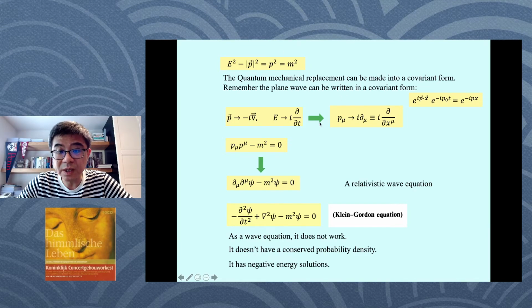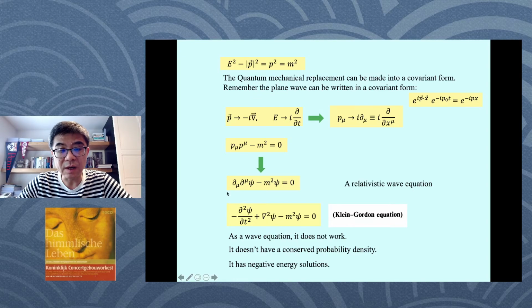With this replacement, the energy momentum relation p squared equal to m squared, remember, p squared is actually p mu p mu, could be easily replaced by partial mu partial mu minus m squared.